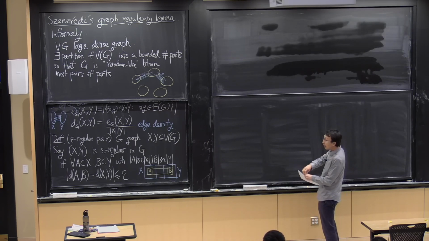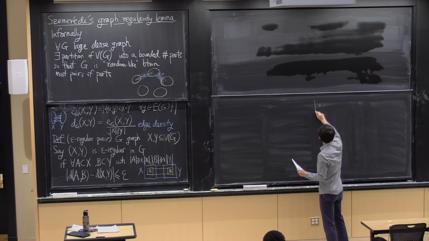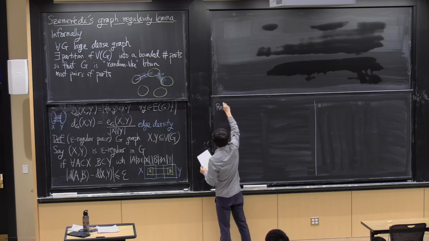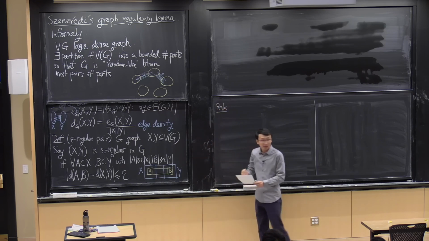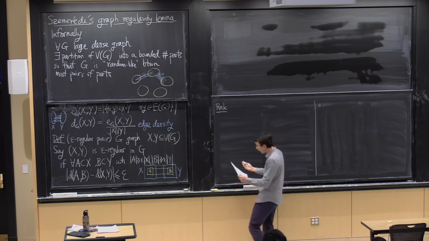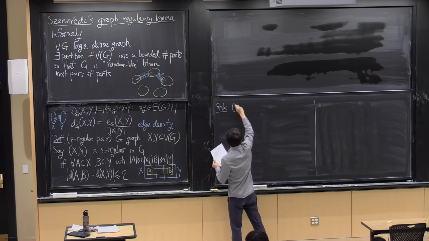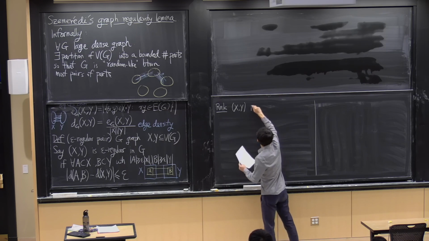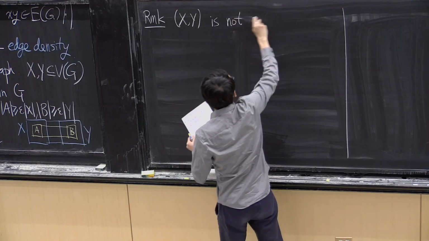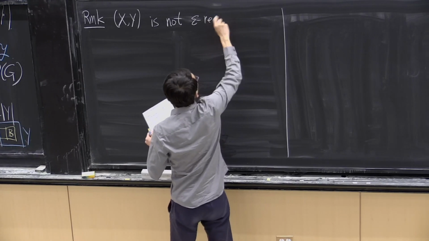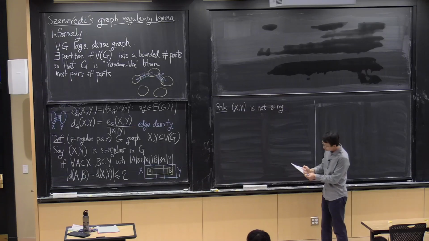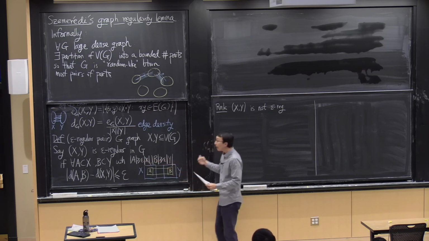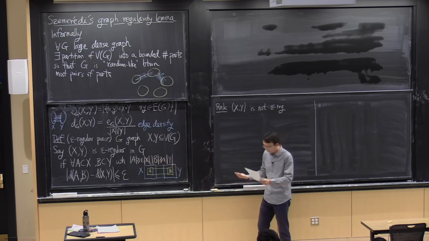Now, if you have a pair XY that is not epsilon regular, I just want to introduce a piece of terminology so you can read from the definition what it means to be not epsilon regular. Sometimes I will say epsilon irregular, but to be precise, I'll stick with not epsilon regular. Then we can exhibit this A and B that witnesses the irregularity.